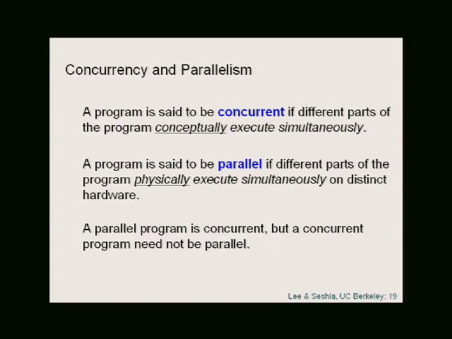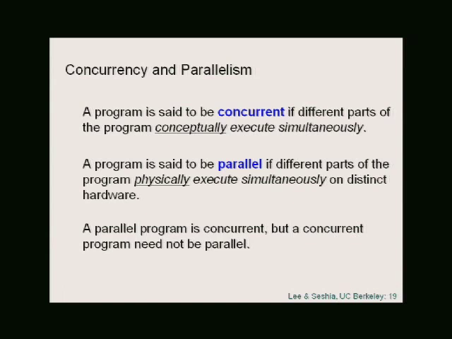So you can see from this that parallelism is a case of concurrency. A parallel program is a concurrent program, but not all concurrent programs are parallel programs. In fact, for so many years we've had computers running on a single processor, but we've had the ability to do concurrent programming.